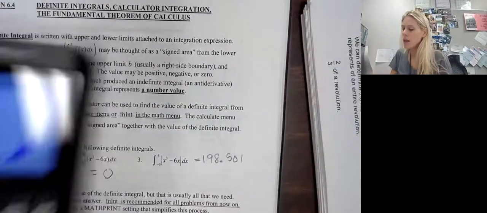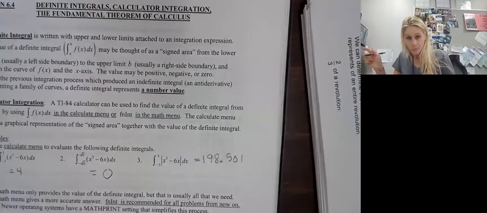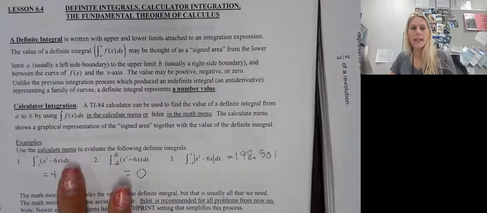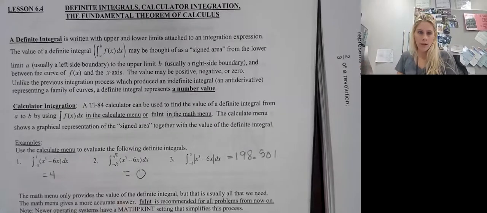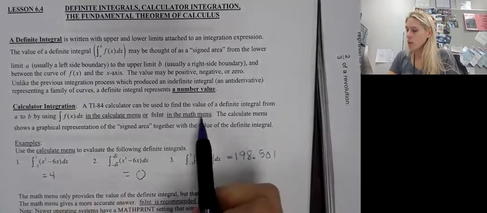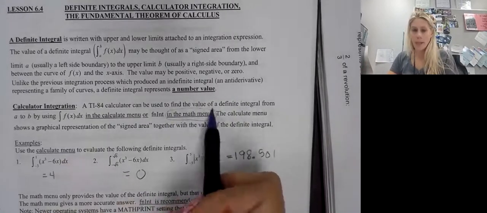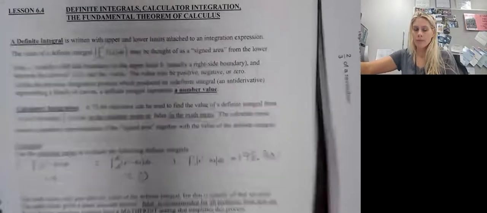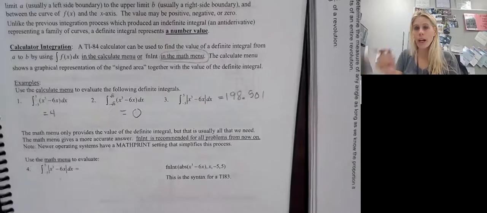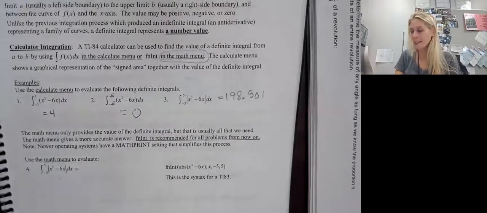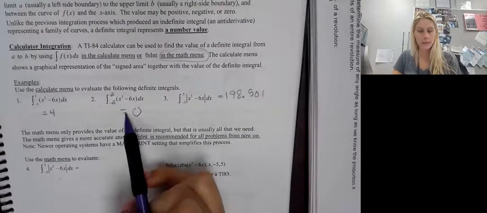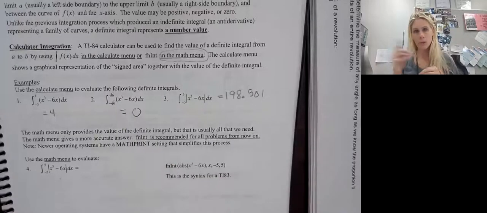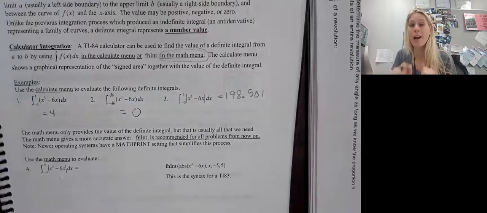Very good. Now it says here though that the calculator integration is actually less accurate than the math menu. Sometimes our area could be negative, it could be positive. As you can see, it's 0 right here, which means it cancels out between the negative and positive. This will make more sense later, I promise.